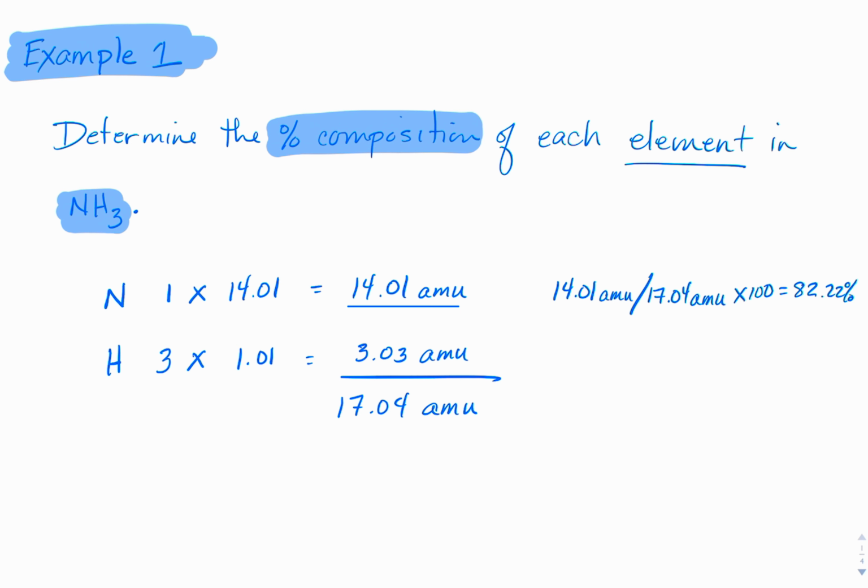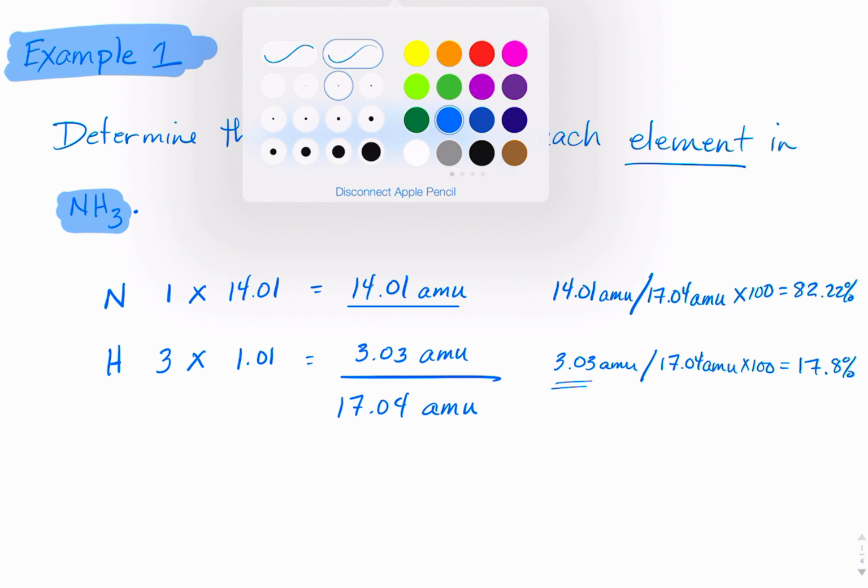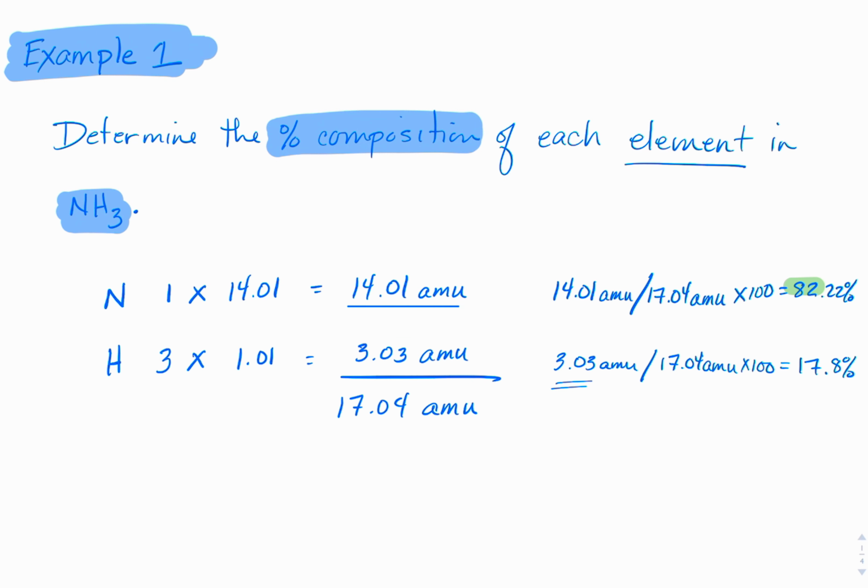So that should be in 4 significant figures. For hydrogen, this would be 3.03 AMUs divided by 17.04 AMUs times 100, and that gives you 17.8%. 3 significant figures because of the amount of AMUs for all the hydrogen. So this is the percent composition of all of the nitrogen elements in ammonia and all of the hydrogen elements in ammonia. All right, let's go to the next problem.